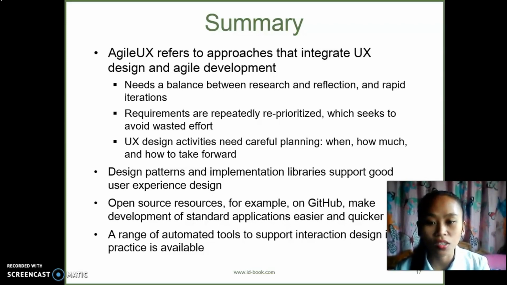UX design activities need careful planning: when, how much, and how to take them forward. Design patterns and implementation libraries support good user experience design. Open source resources, for example on GitHub, make development of standard applications easier and quicker. A range of automated tools to support interaction design in practice is available.